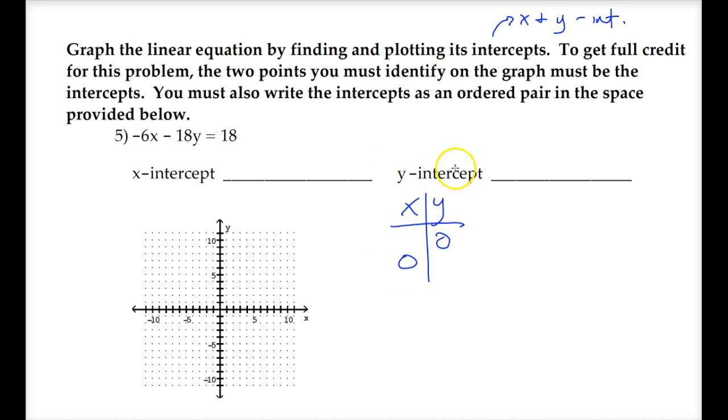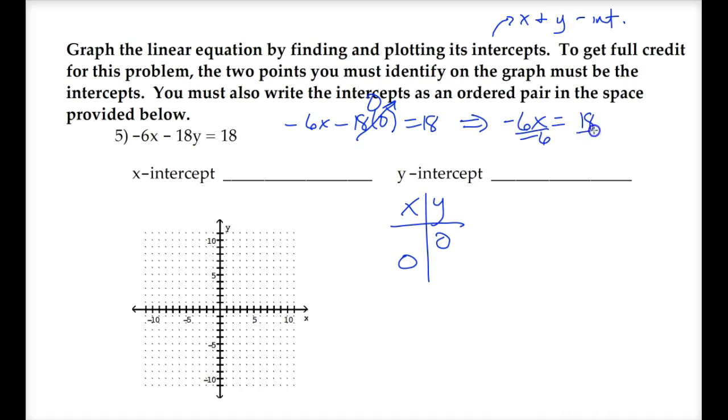So to solve for the x-intercept, we let y equal 0. So I'm going to come up here and do that. If we let y equal 0, then that would be negative 6x minus 18 times 0, which is equal to 18. And of course, all of that is equal to 0, which just means that negative 6x is equal to 18.